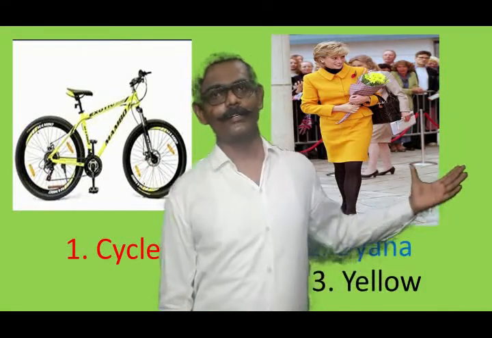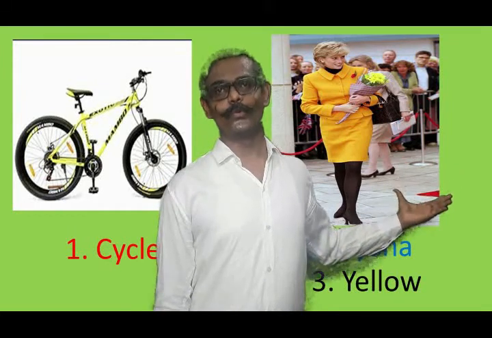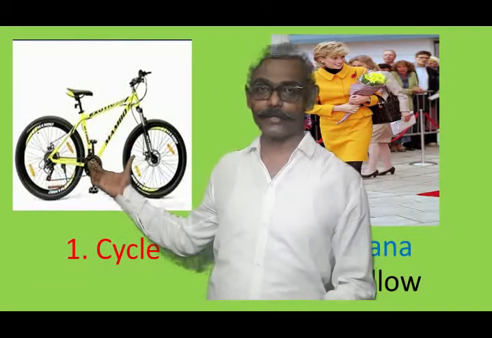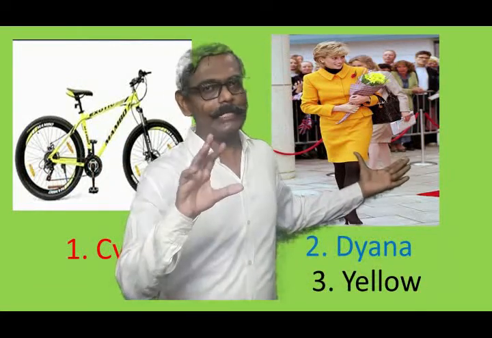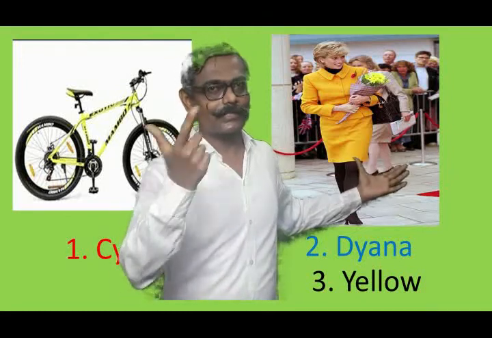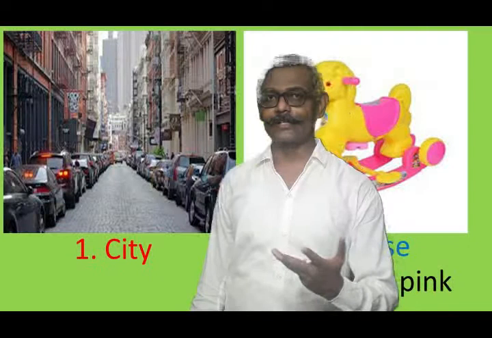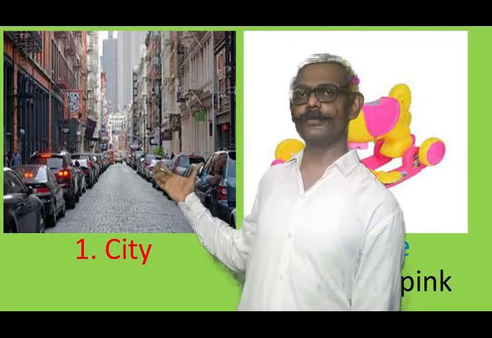Cycle. And here Princess Diana, and the color is yellow. So you will remember: cycle, Diana, the spelling I changed a little bit, and the purpose will be clear later on. The color is yellow. Next slide. What is here? City, the image of a city.